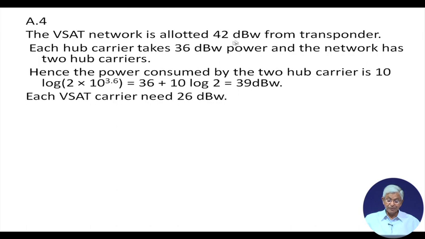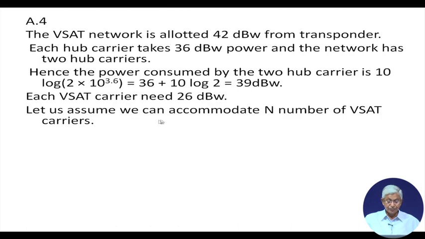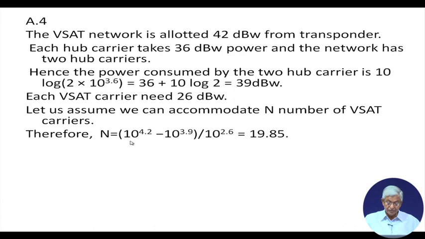So, you convert 42 dBW into a power ratio, that is wattage, and 39 dBW into wattage, and subtract these two. That much power is allotted to the VSAT carriers. 26 dBW you convert into watts, so divide by these. Assume one can accommodate n number of VSAT carriers. So, n is equal to this difference divided by each individual VSAT carrier, all of them converted into watts.